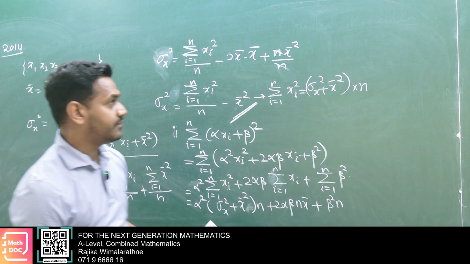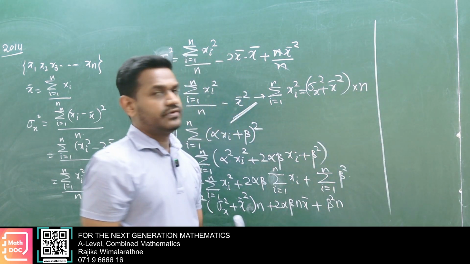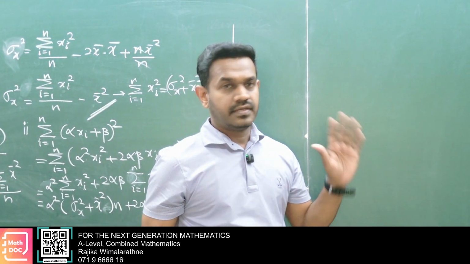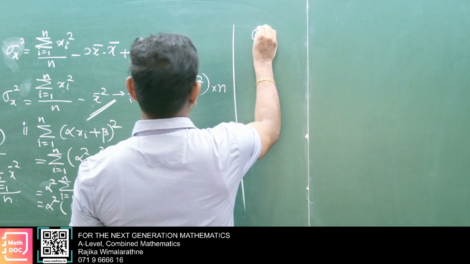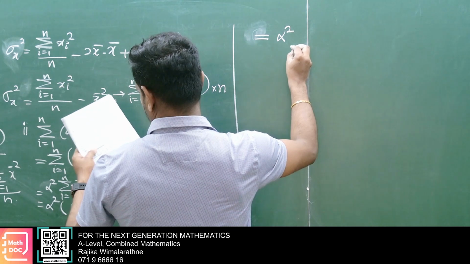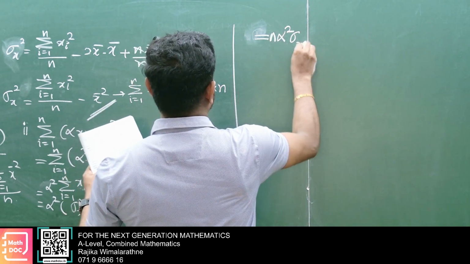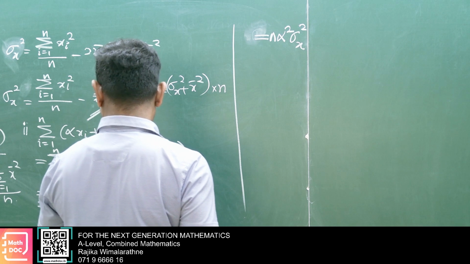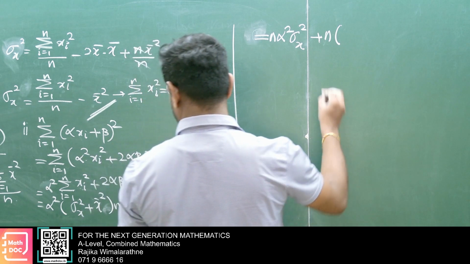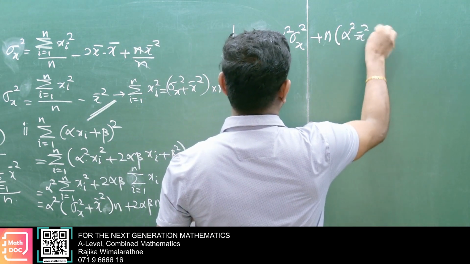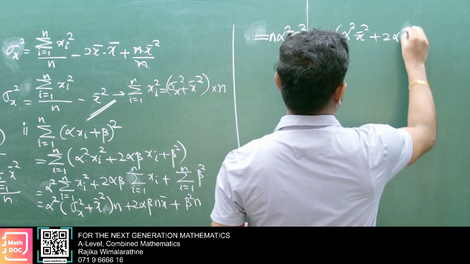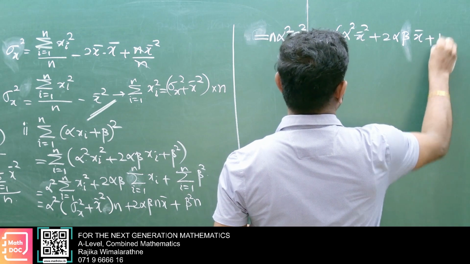Take the other three together. So that equals n alpha squared sigma x squared plus n times (alpha squared x bar squared plus 2 alpha beta x bar plus beta squared).